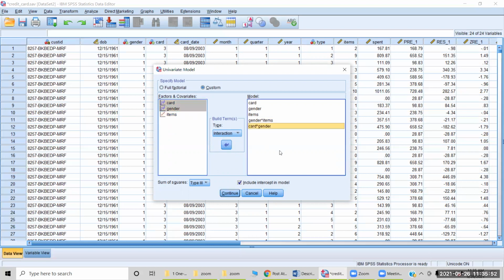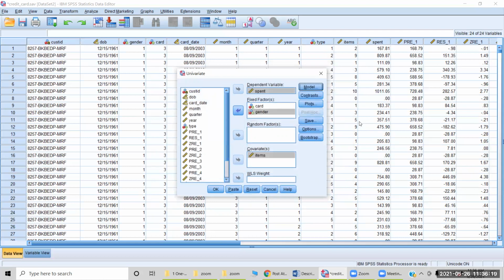We shifted them here. Now try to understand why: we are assuming that gender plays the role of moderator between the relationship of card and the dependent variable, and between items and the dependent variable. That is why we have included two product terms, so every independent variable is multiplied by gender. We continue. And is there anything else we want to save?